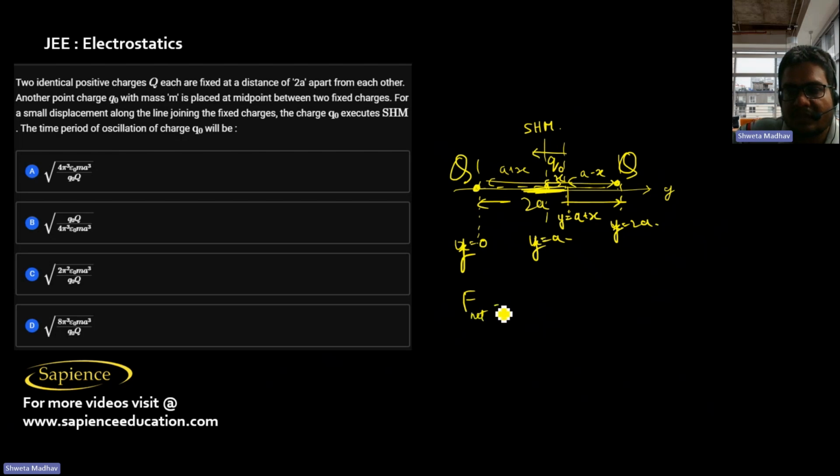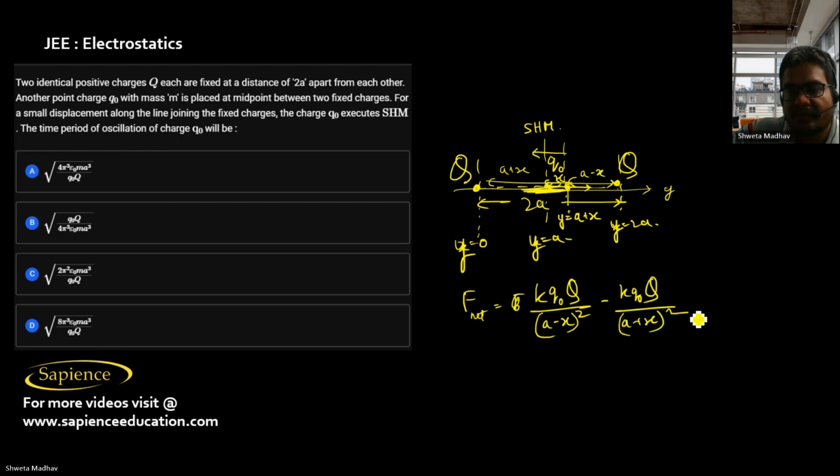The net force is F1 minus F2, which is k q naught q by (a minus x) whole square, minus k q naught q by (a plus x) whole square. So this is equal to q naught q by 4 pi epsilon naught into [1 by (a minus x) whole square minus 1 by (a plus x) whole square].